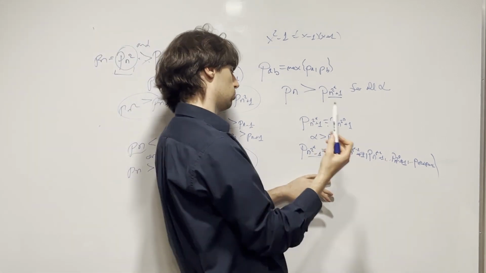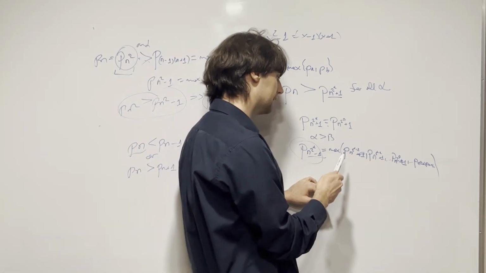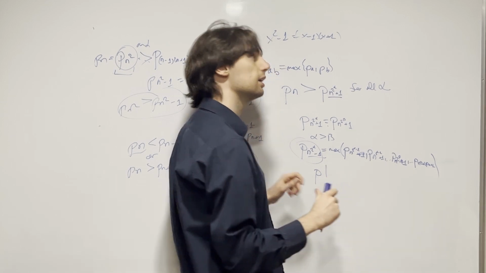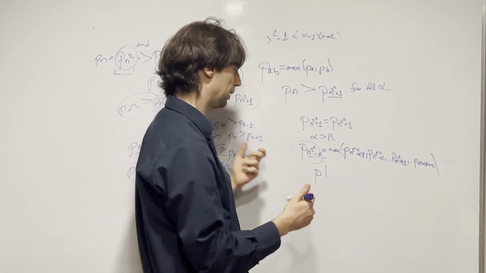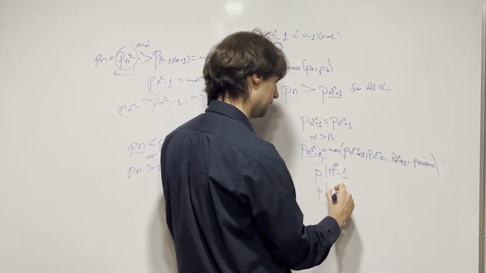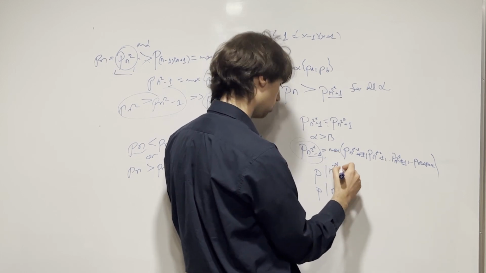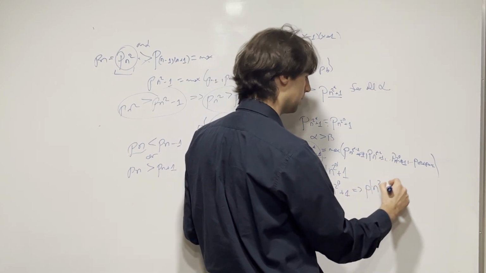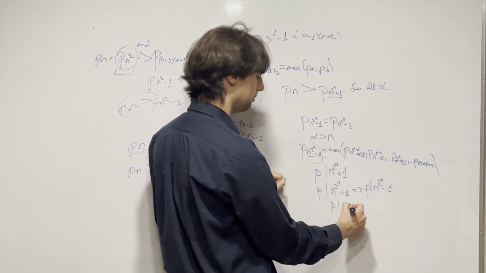What does this tell us? It tells us that if these two things were identical, then we would have p divides n to the 2 alpha minus 1, p divides n to the 2 beta, actually n to the 2 beta plus 1, but then because it divides this, p would also divide n to the power of 2 to the alpha minus 1, and then we'd have p needs to divide 2.